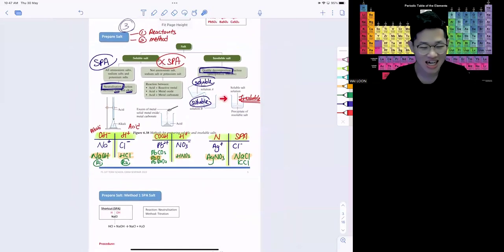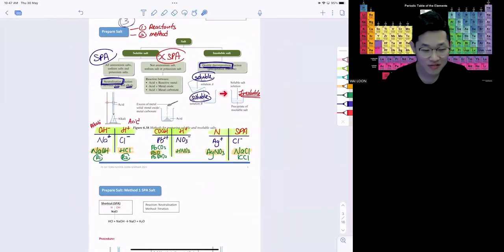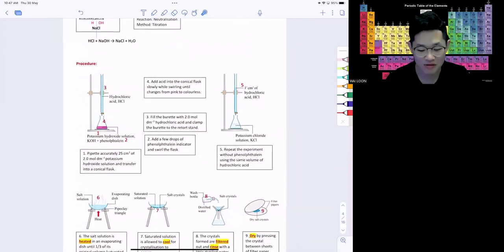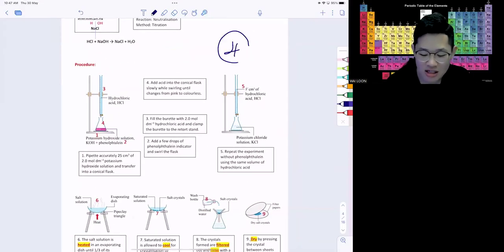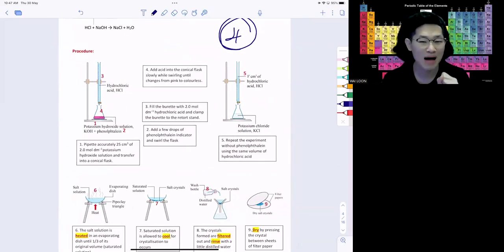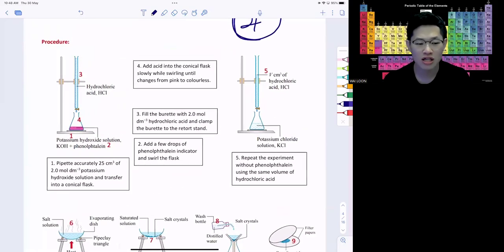So here, guys, for the first type of salt, soluble salt, we can look at page number 4. Here is the procedure, the steps to make soluble salt.